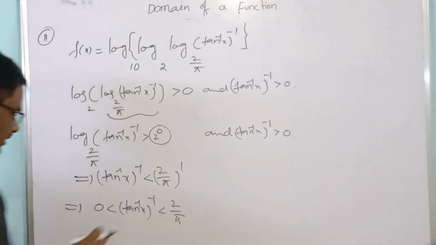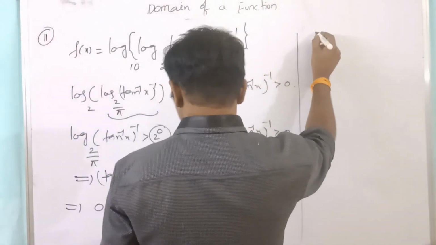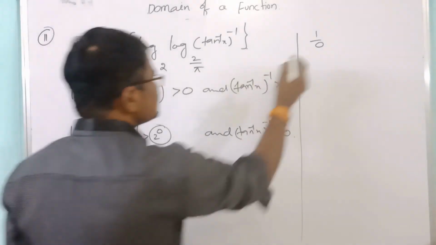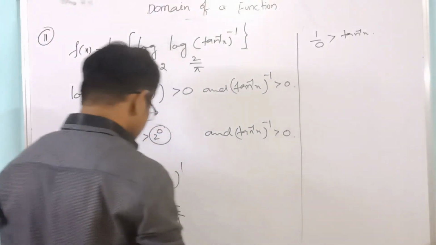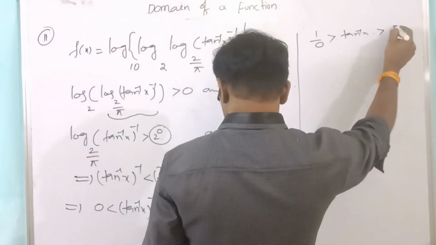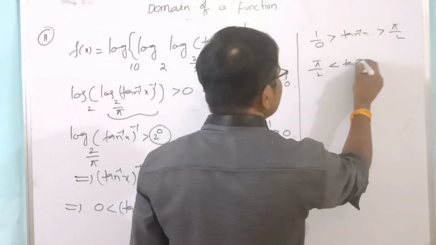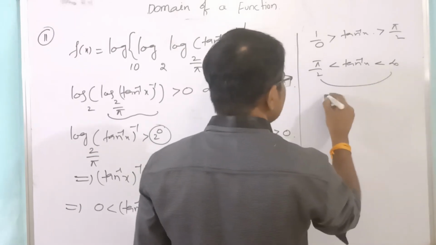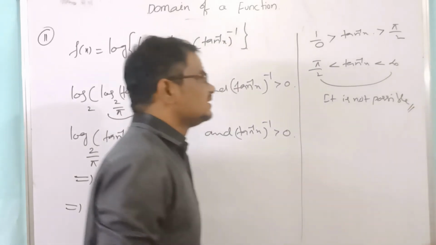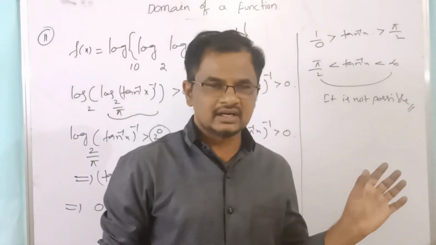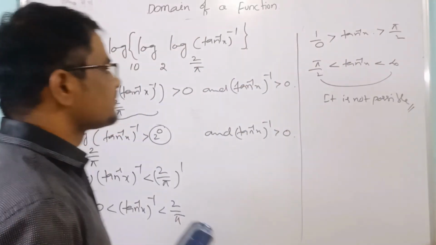Now here, if you take the reciprocal of this one, what will we get? 1 by 0, less than becomes greater than, and the other less than also becomes greater than. So this is pi by 2 you will get. So pi by 2 less than tan inverse x less than infinity. It is not possible, because tan inverse x exists only from minus pi by 2 to plus pi by 2, right? So that's why for this one there is no solution.